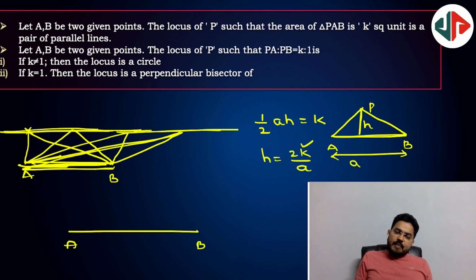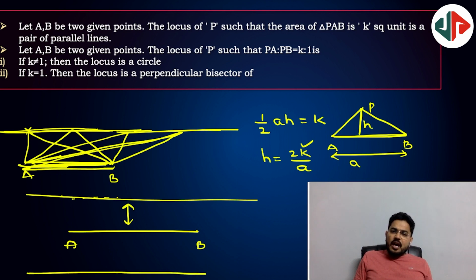So now the point P can be any point on this particular line which is parallel to AB. Either this side is possible or this side is possible. So the locus is a pair of parallel lines. Here AB is fixed.